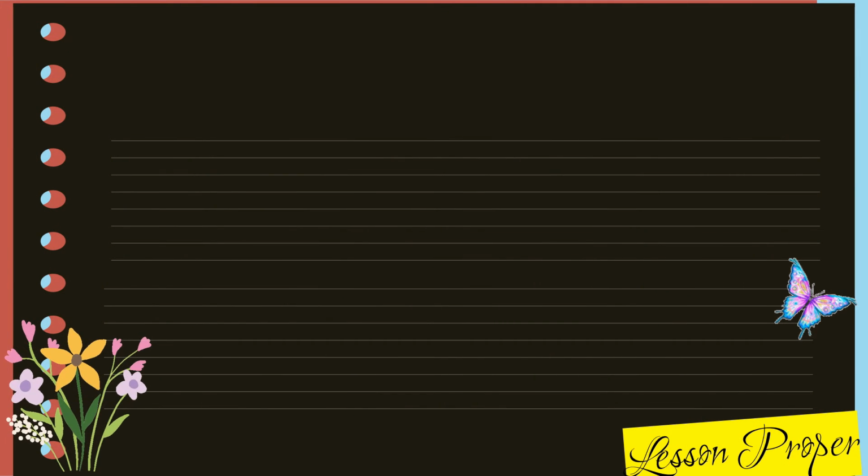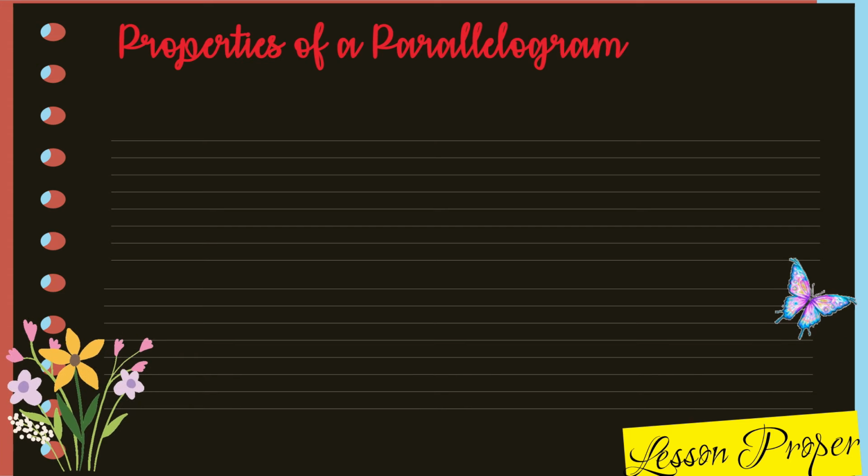How would you know whether or not a quadrilateral is a parallelogram? By definition, a quadrilateral is a parallelogram if it has two pairs of parallel sides. We have also discovered the following properties of a parallelogram. 1.